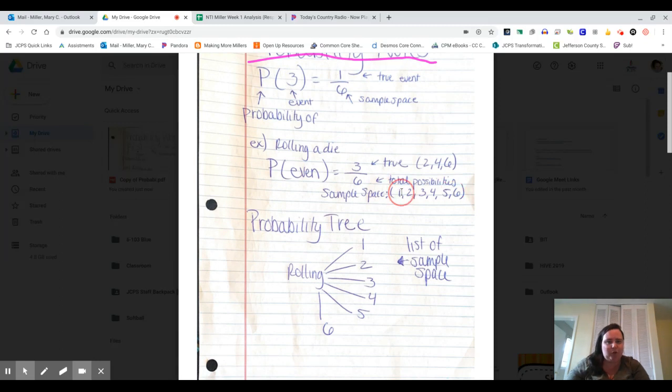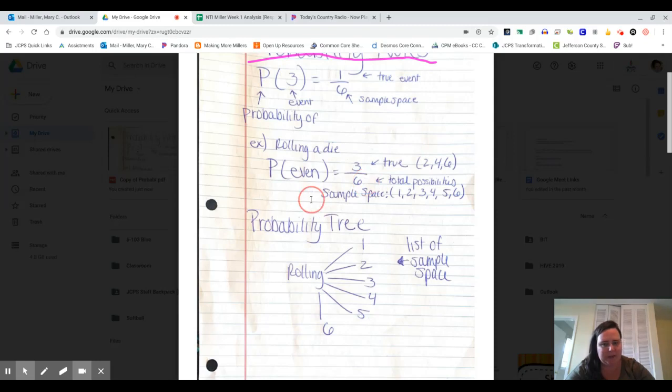That's all of your total possibilities, so there's 6 options. If we were trying to solve for the probability of rolling an even number, we would count all of the true possibilities from when we rolled our die. So all of the possibilities that make this true are 2, 4, and 6 out of a total of 6.